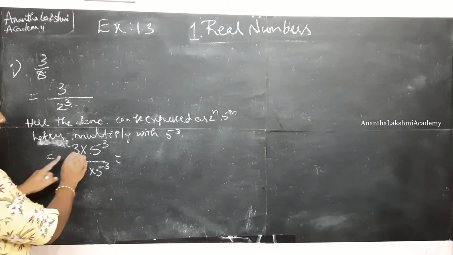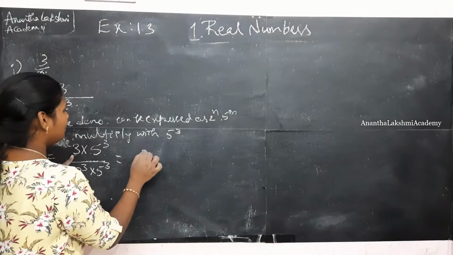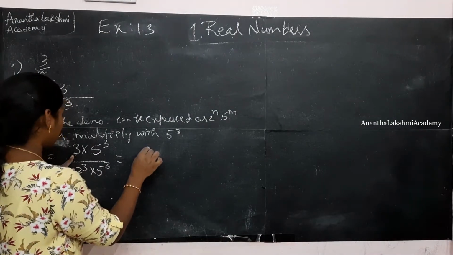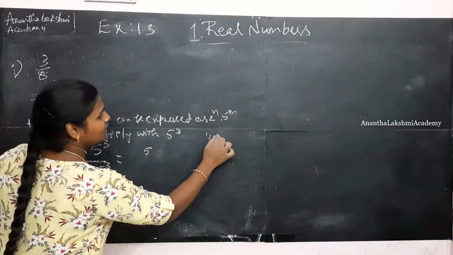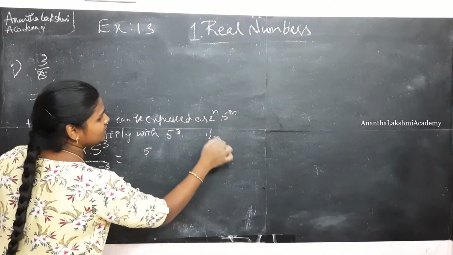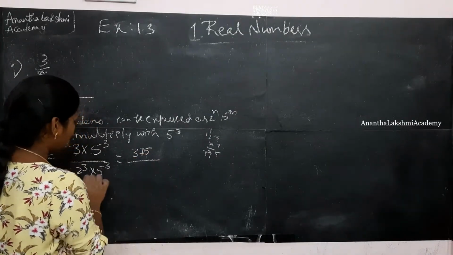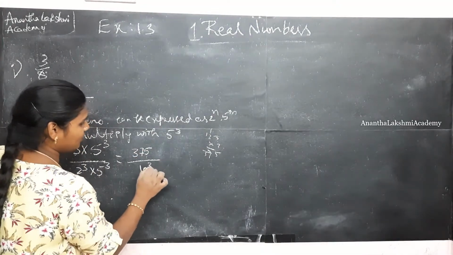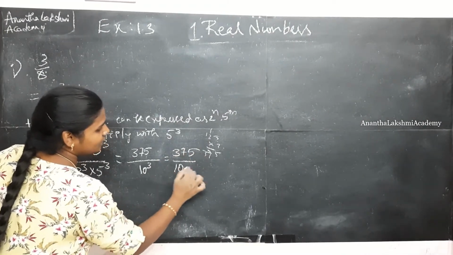Alright, what happens? 3 into 5 cube is 125 into 3. 3 5s are 15, 3 2s are 6, 7, 3 1s are 3. So 375 divided by 2 into 5, which is 10 cube, which is nothing but 375 by 1000.